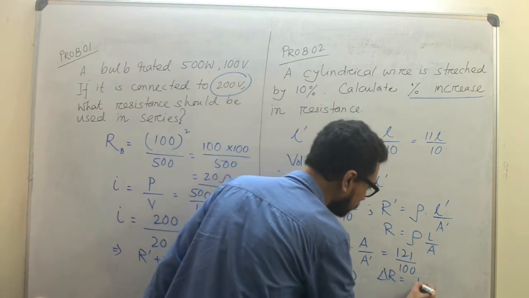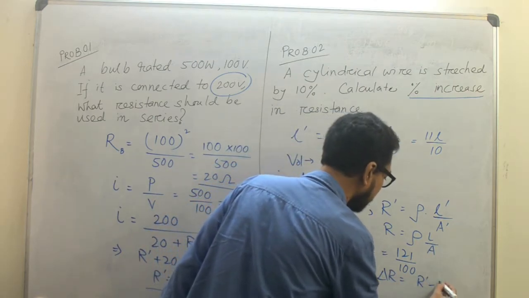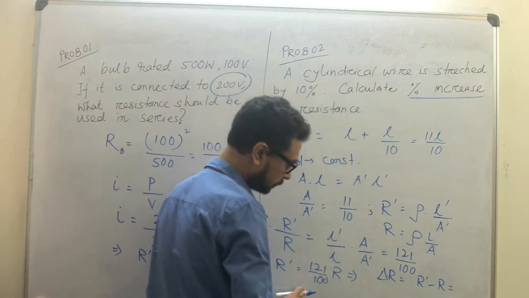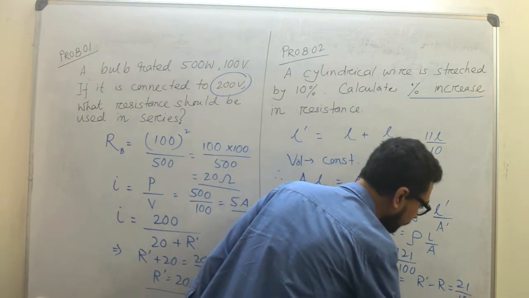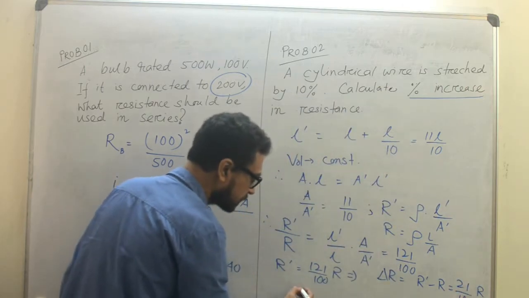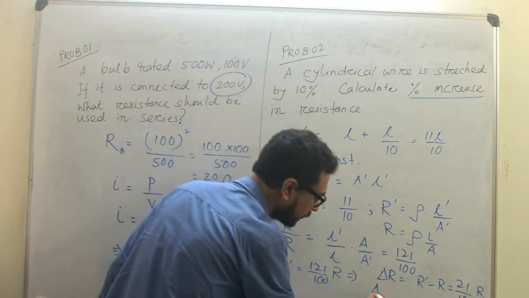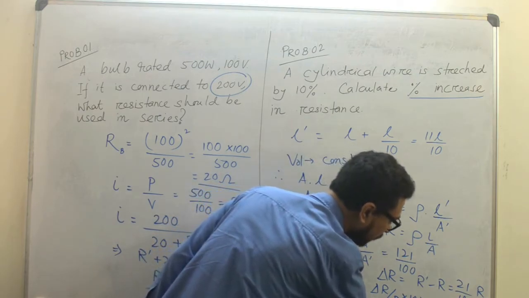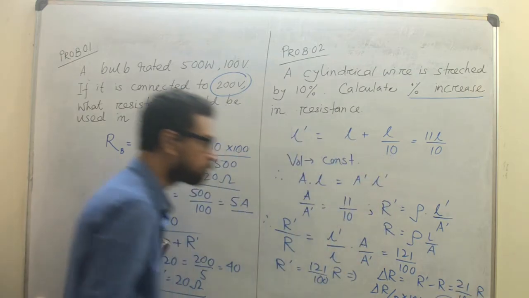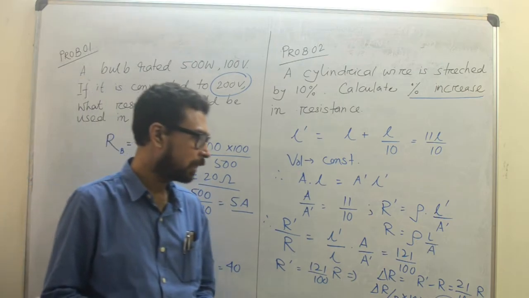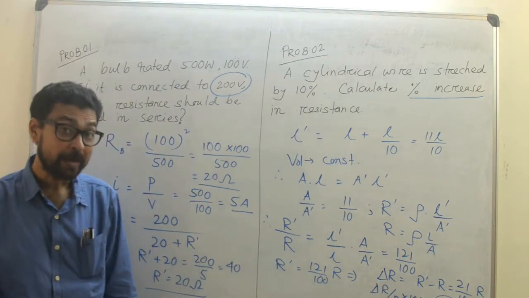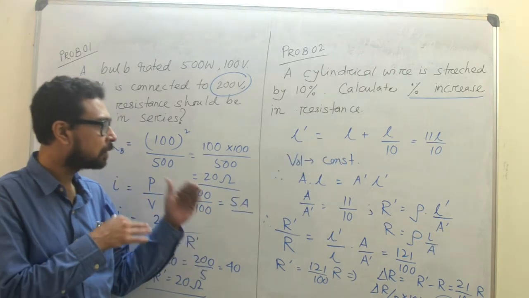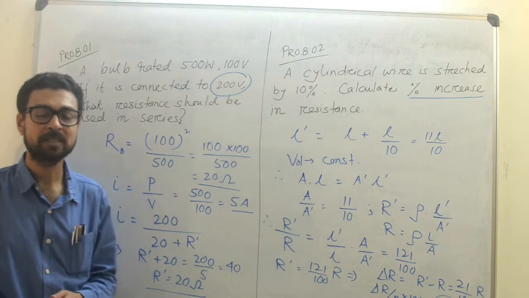Del R is equal to R dash minus R, which is basically 21 by 100 R. So the percentage change is del R by R into 100, which is 21 by 100 R into 100, and that definitely gives me 21%. So here is another problem based on resistivity, the laws of resistance, the length and other things, and how it changes.